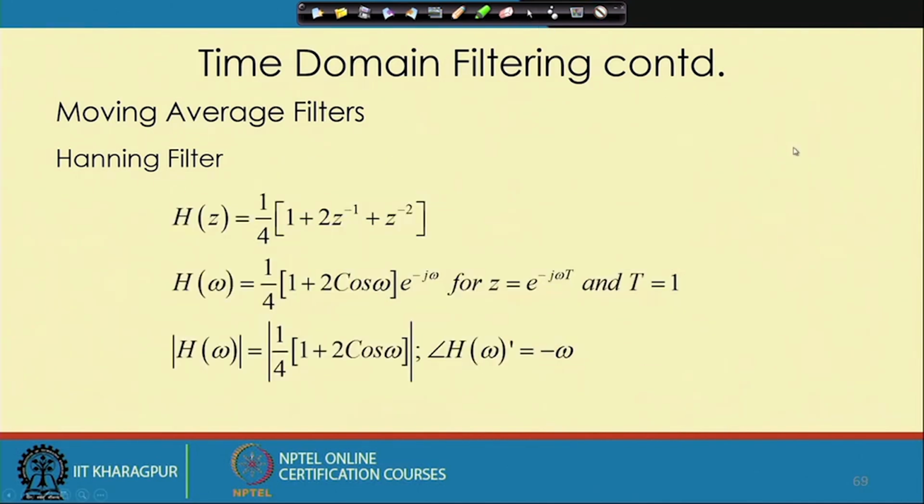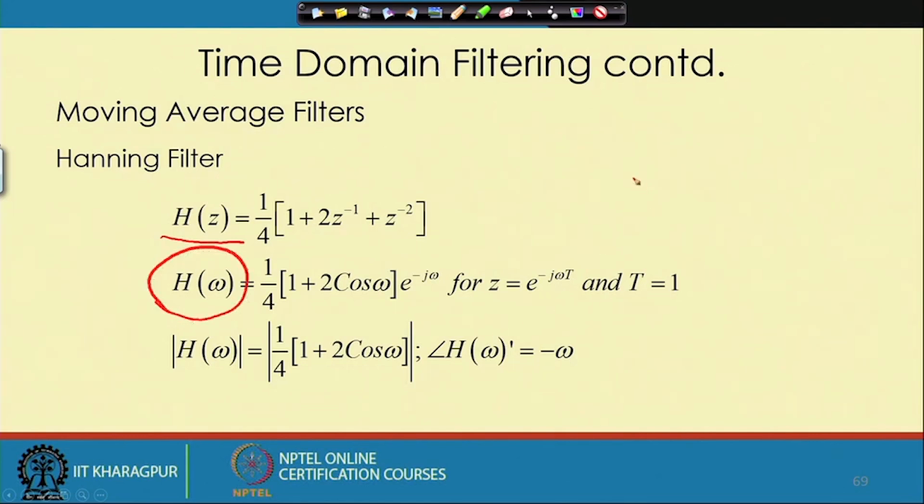Now let us move forward. From the transfer function we have represented H(z) in the z domain, and corresponding to that, if we are interested in the spectrum of it, then we can look at the value on the unit circle, which is represented by H(omega).